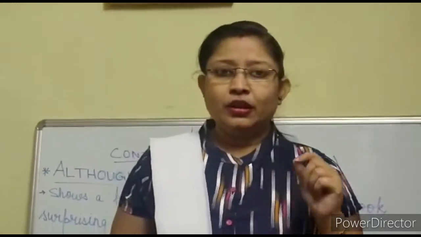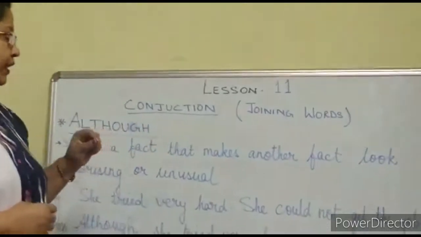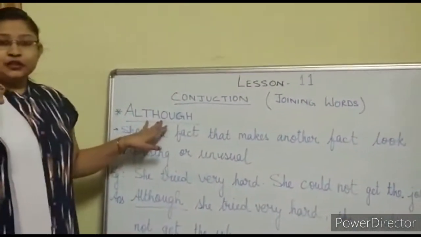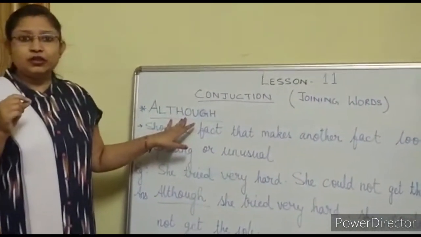Now, the third conjunction which I will explain is although. There is a particular rule where we use although. You can place it at the beginning of the sentence or in the middle while joining two sentences. First, you should know where we use it.